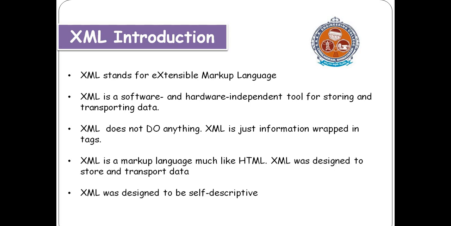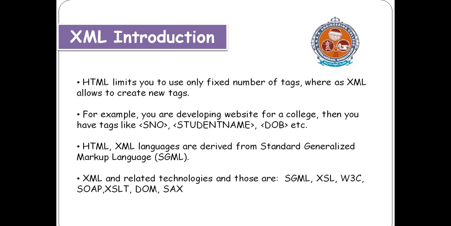That means anybody can build XML with user-defined tags, but HTML is created only with predefined tags. HTML is limited to a fixed number of tags. In HTML you have to use only predefined tags, and any user-defined tags will not be accepted.